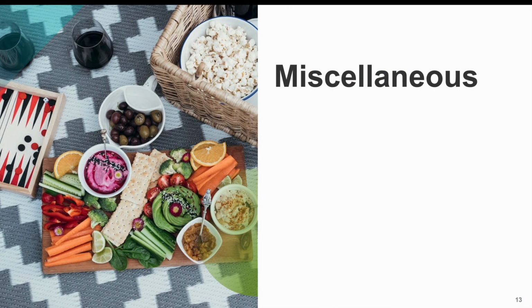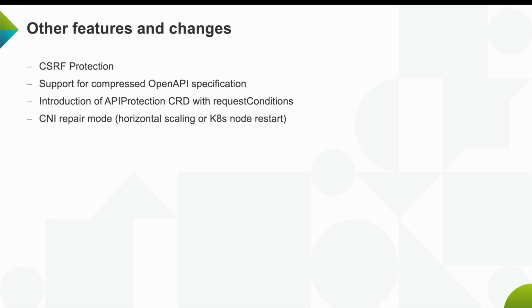Besides the mentioned features, there are other improvements and changes to talk about. In addition, we made some other small improvements. CSRF protection can be configured. Compressed OpenAPI specifications can be configured to support large files.